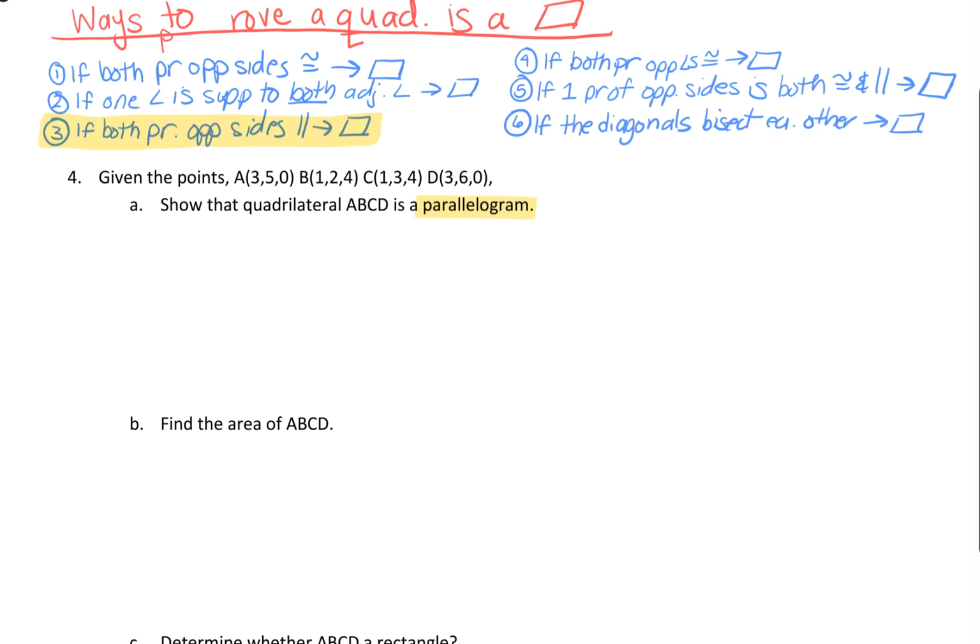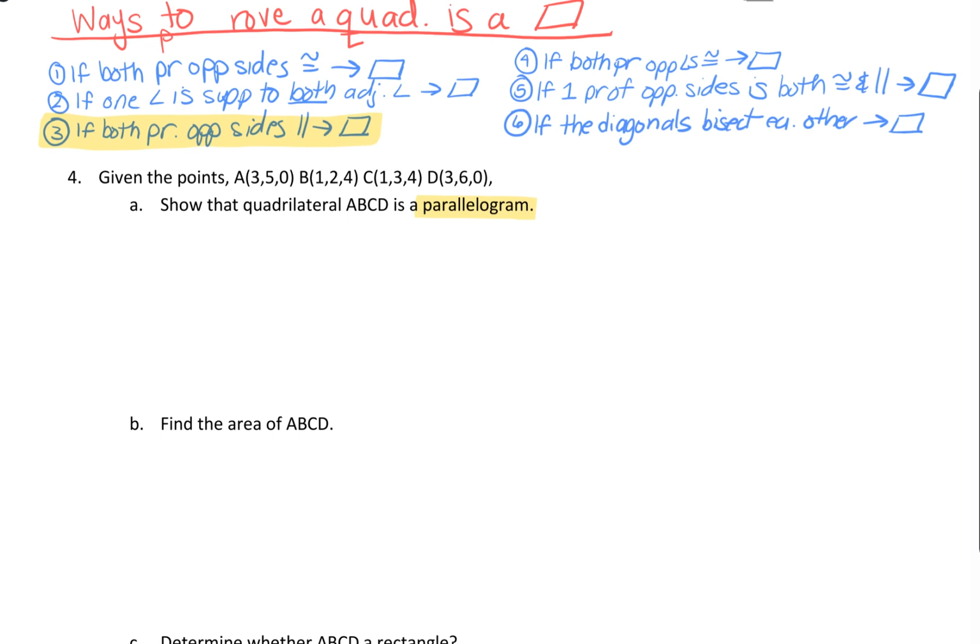Okay, so let's think about how we could take these points and, using what we know about vectors, what you know about parallel, and what you know about congruent, think about how you could show either parallel or congruent using vectors.